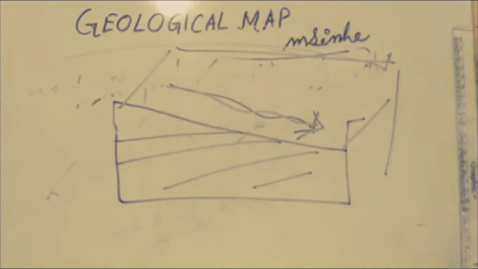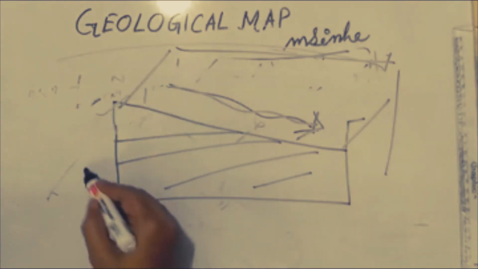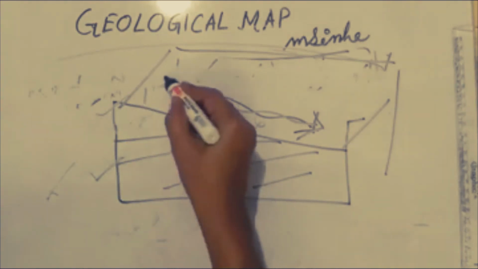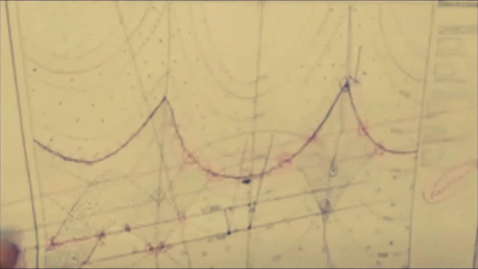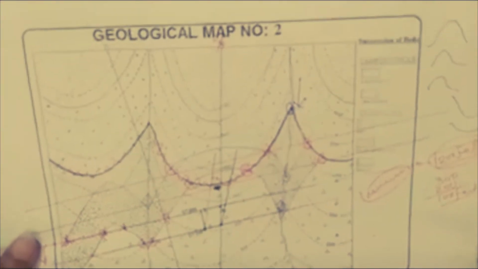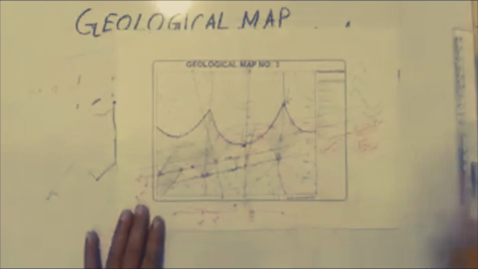If you think it in 3D, then you can get the water bodies information about the surface runoff. This is the ultimate discussion of the geological map with the topography, the internal condition of the earth, and the surface runoff. This is a very simple geological map, and most students have this in their copy.